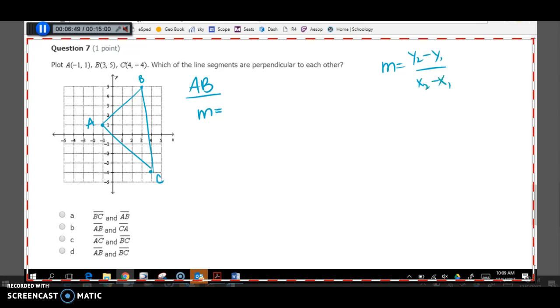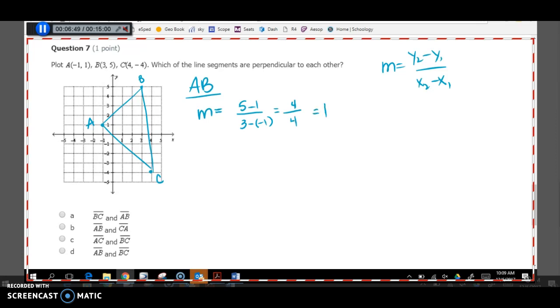Okay, so y2, 5 minus 1 over 3 minus a negative 1, which equals 4 over 4, slope of 1.